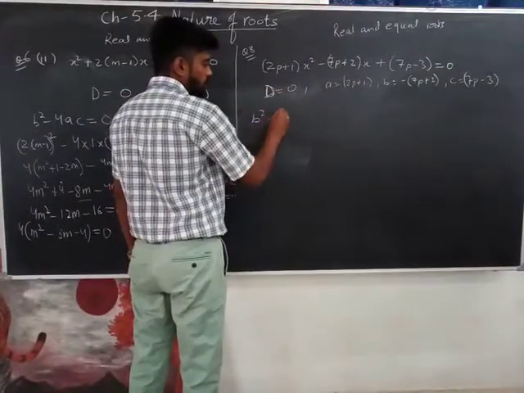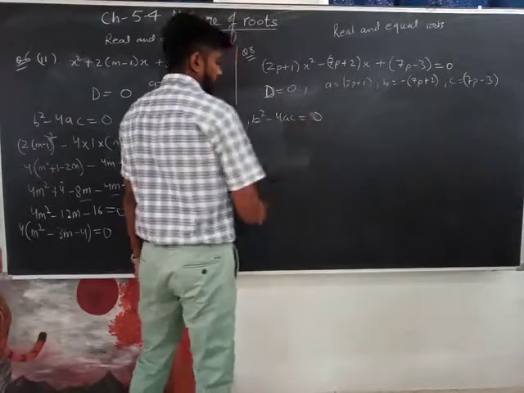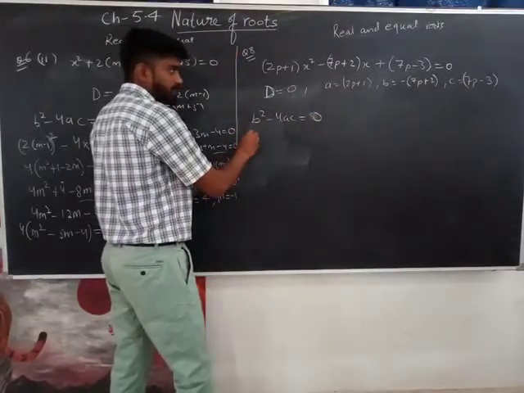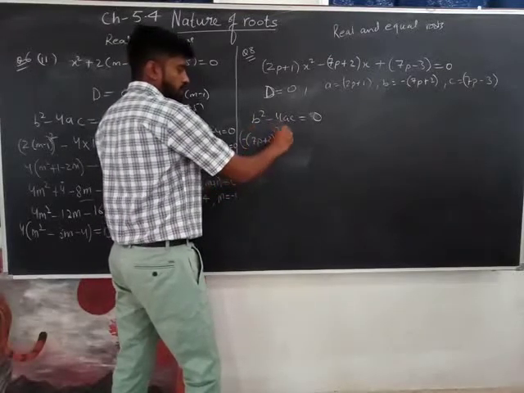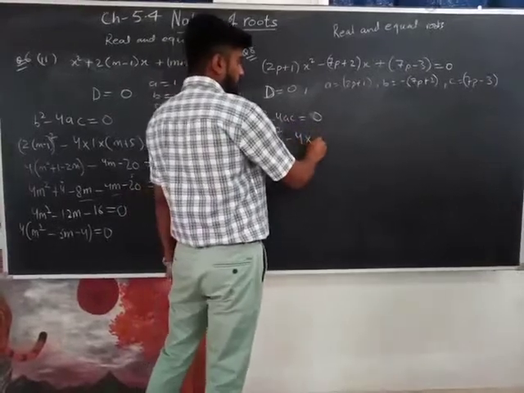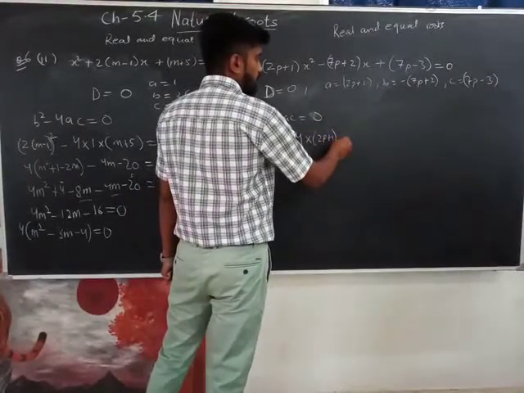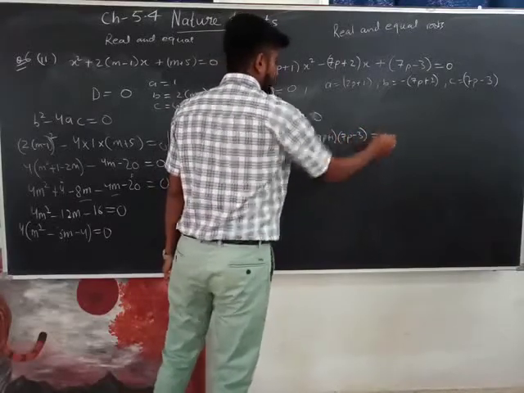So b square minus 4ac equals 0. Now I'll put the value of b. What is b? Minus (7p plus 2) whole square minus 4 into a, that is 2p plus 1, into 7p minus 3, equals 0.